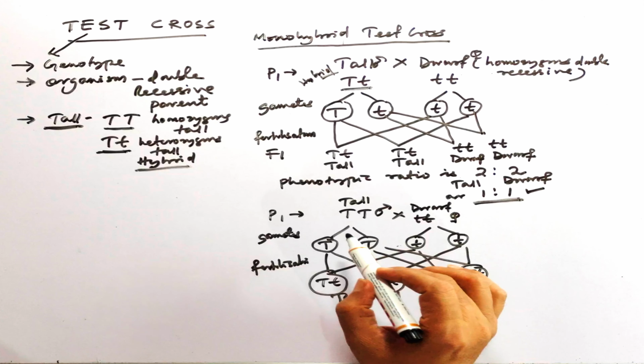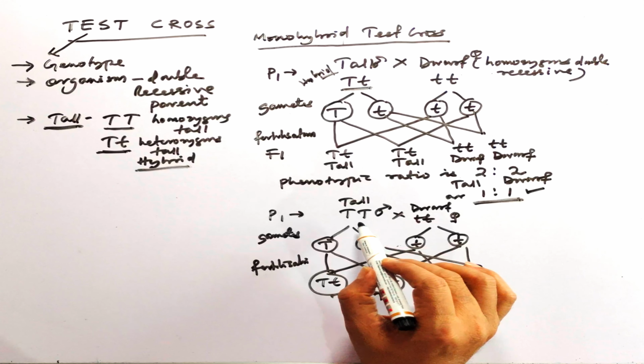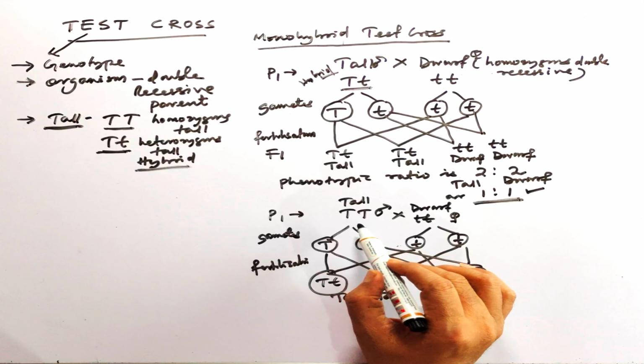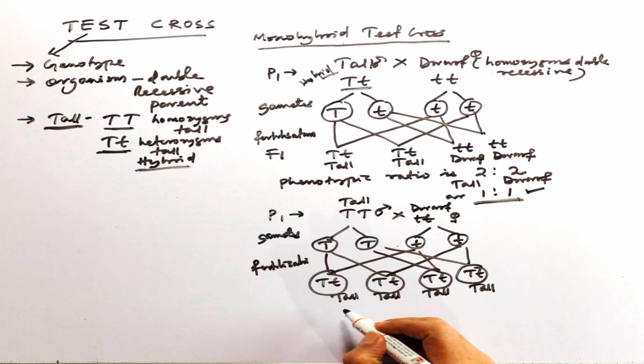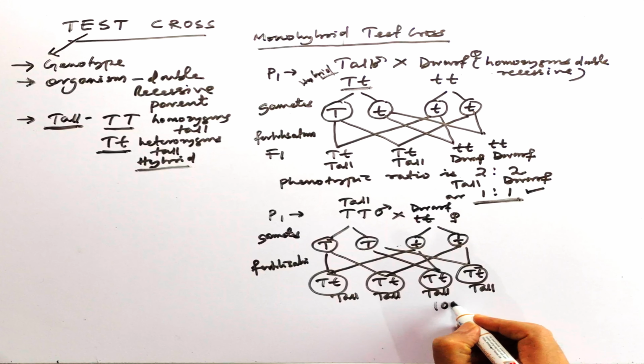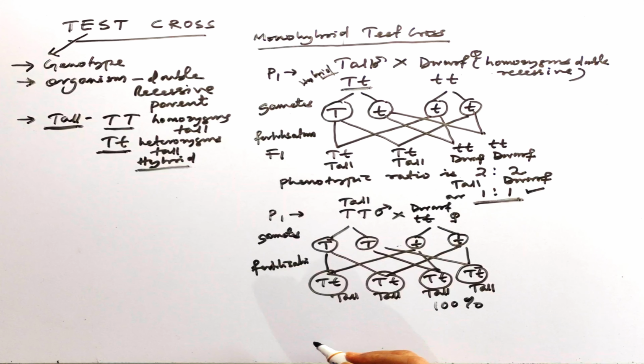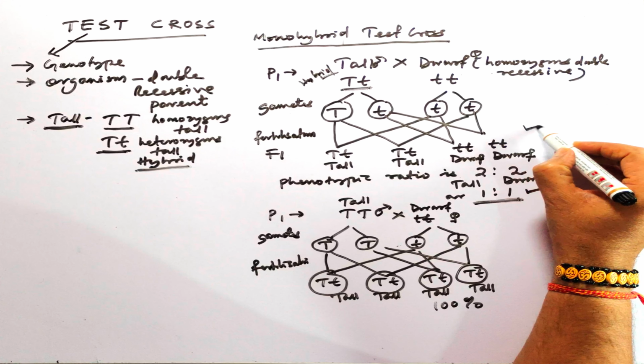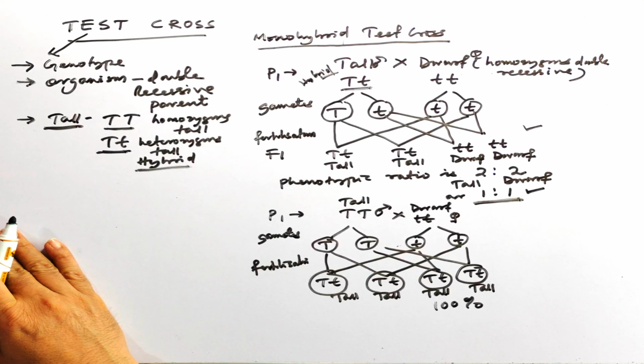But if the plant is homozygous tall, it will always result in 100% tall plants. So this is called the monohybrid test cross, and then we will discuss the dihybrid test cross.